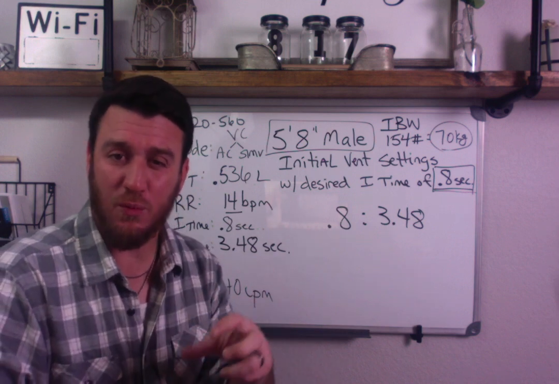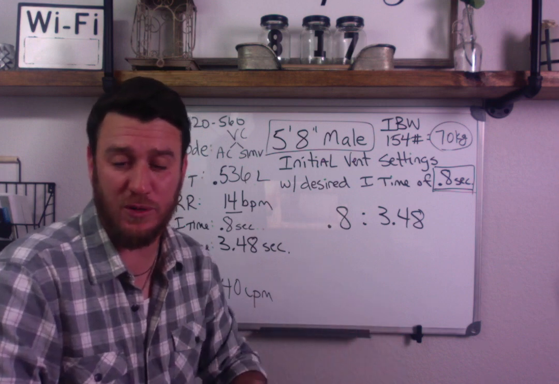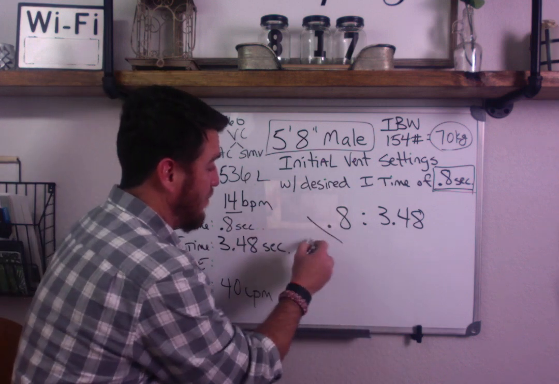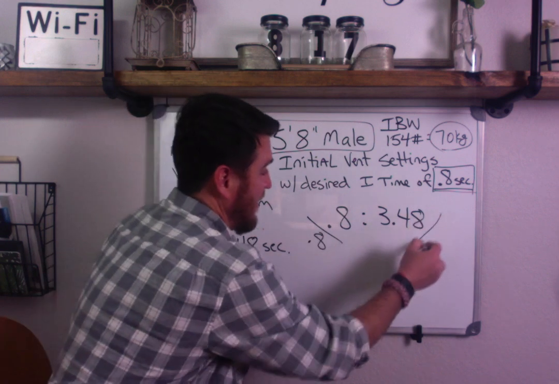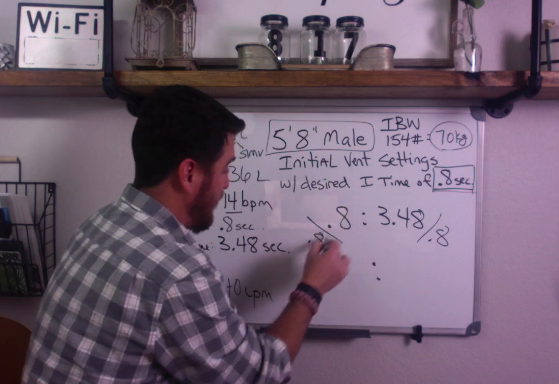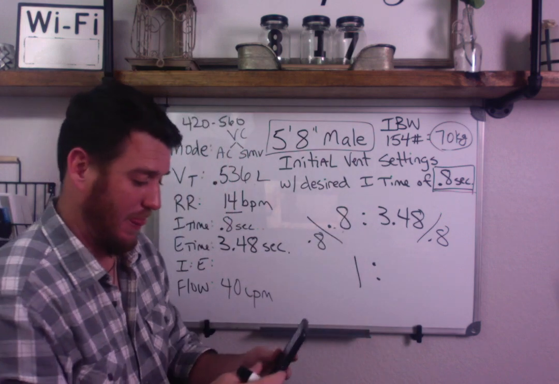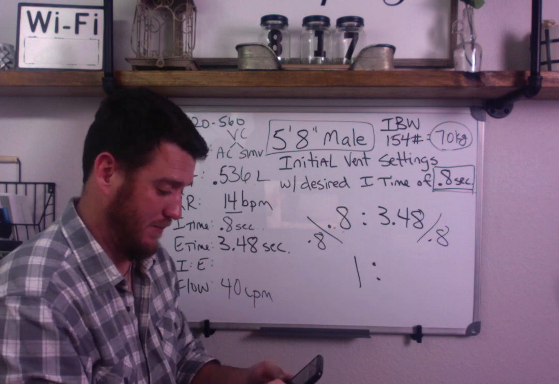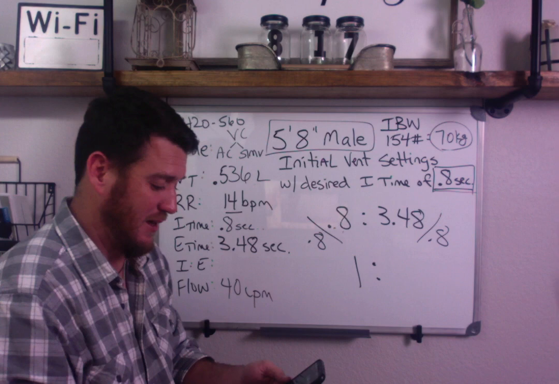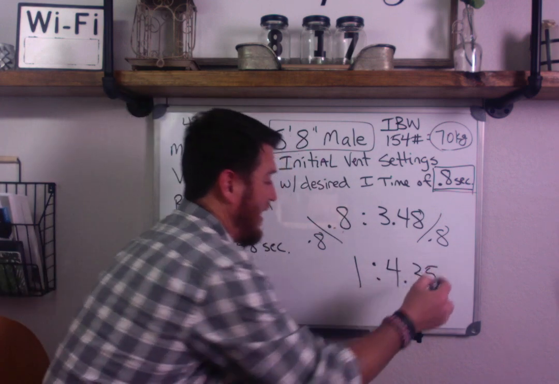But a ratio brings everything back to a base of 1. So when you look at this, you're going to actually divide both sides by 0.8. This will give us 0.8 divided by 0.8 equals 1. 3.48 divided by 0.8 equals 4.35.